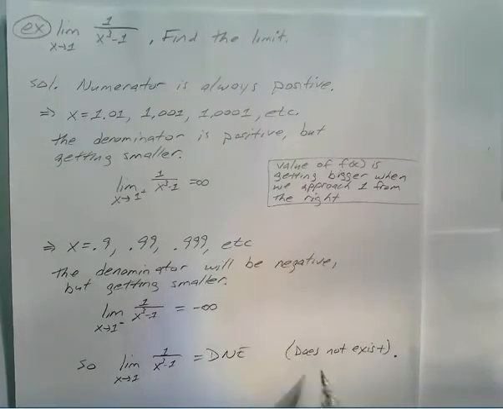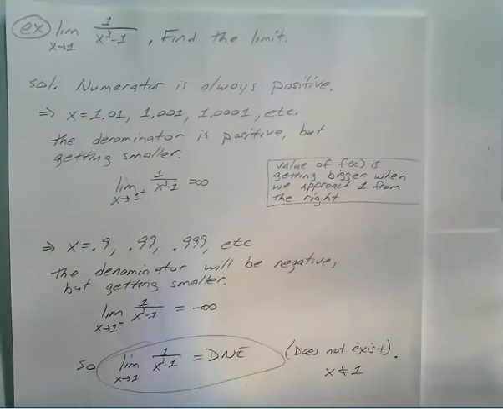Okay. Oh, and we also know that x cannot equal 1. Which really doesn't matter if the limit doesn't exist, but just a nice little note that sometimes they may want in your textbook.